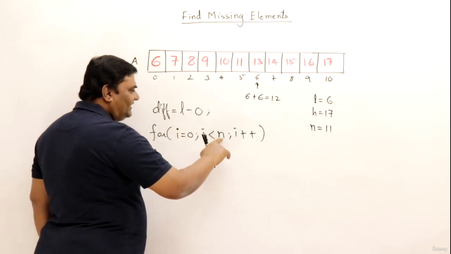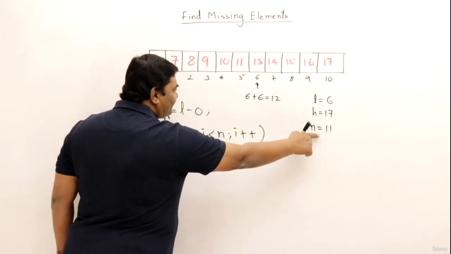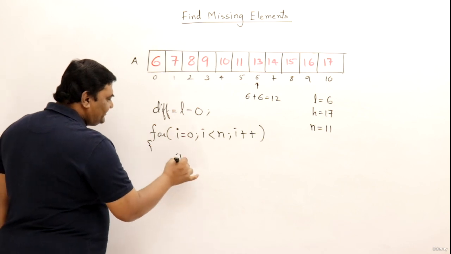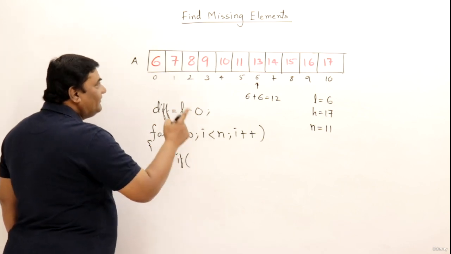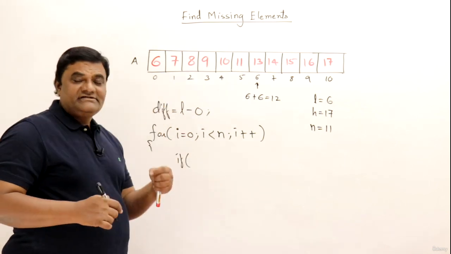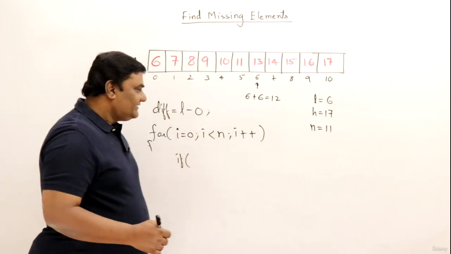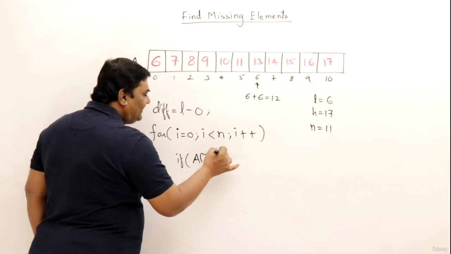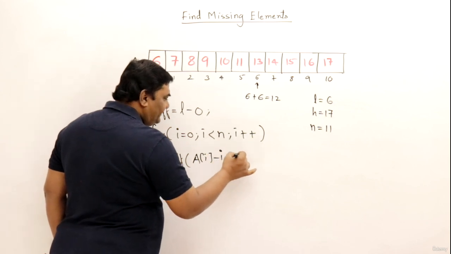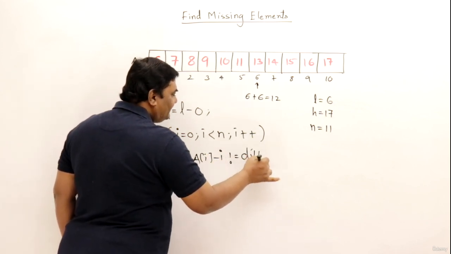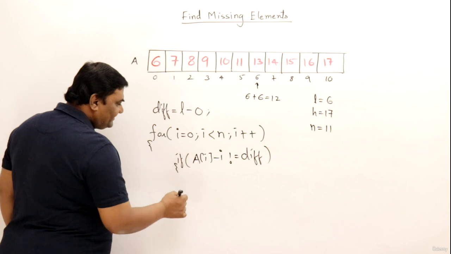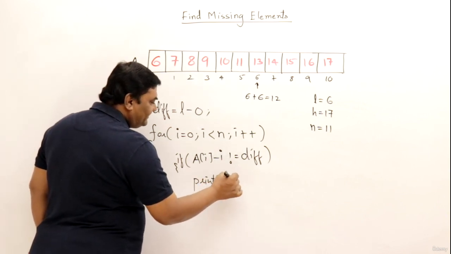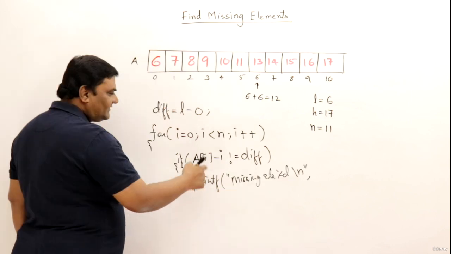For i starting from 0 up to n, that is i less than 11, the last index being 10, what should I do every time? I should check for every element whether the difference is not 6. So if the difference of an element a[i] minus i is not equal to difference, if the difference is not matching, then the missing element is found. So I should print the missing element.